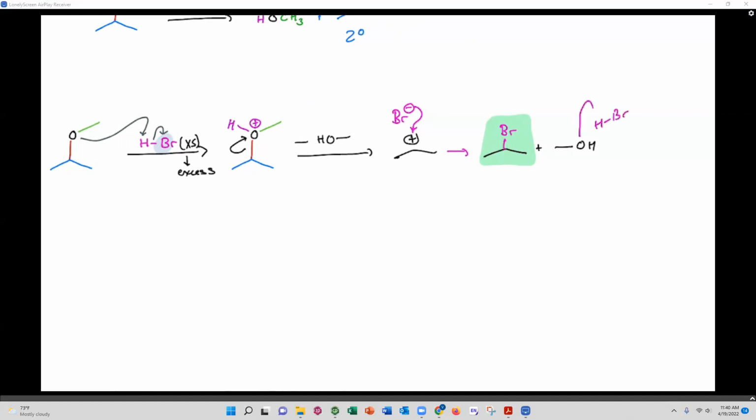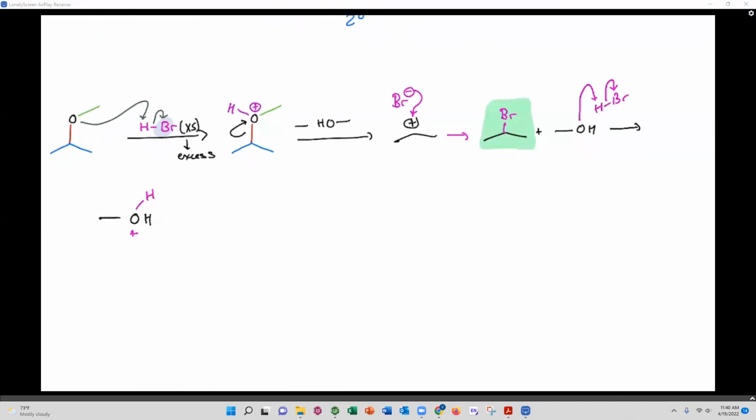the reaction is now going to proceed via the much slower SN2 pathway. SN2 isn't going to happen unless we have all this excess HBr hanging around, which I do. So now I'm going to see protonation, and then bromide, in a very slow SN2 reaction, is going to attack.